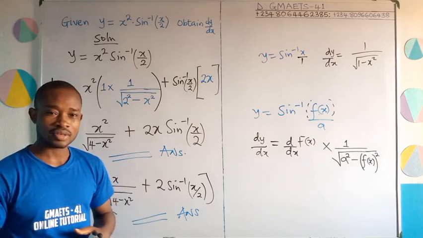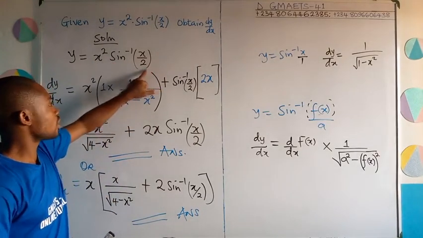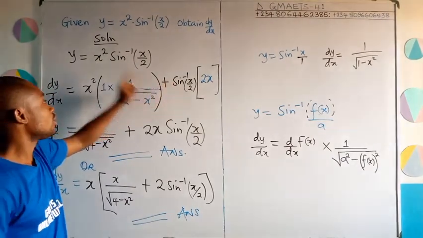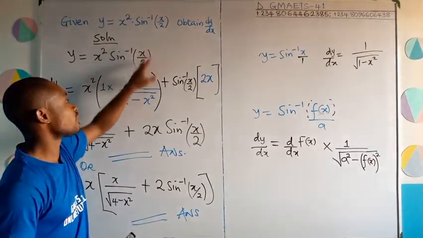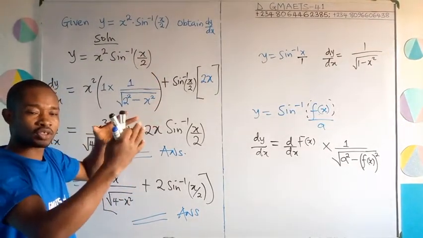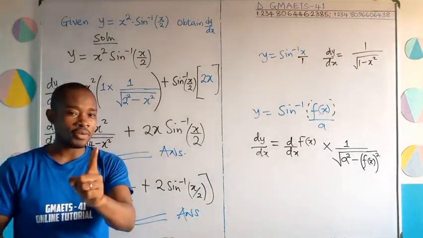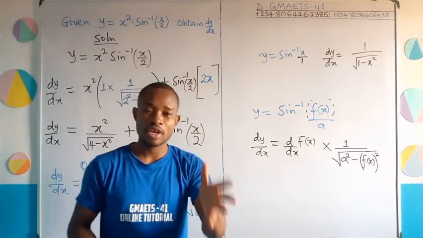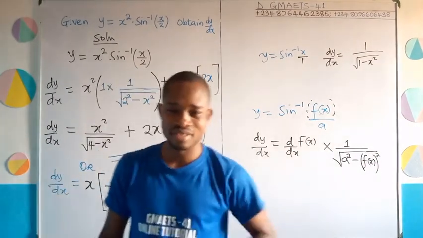Not much stress. Remember, keep this constant, differentiate this. Plus, keep this constant, differentiate this. I apply product rule here because this is x squared times sine inverse of x over 2, a product of two functions. So you use product rule. And very important, the standard derivative of sine inverse of a function. Did I say sine inverse of x?